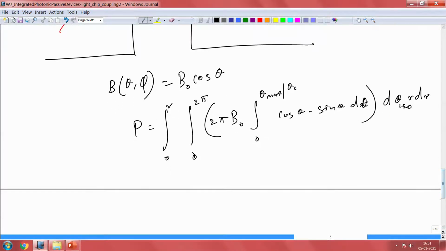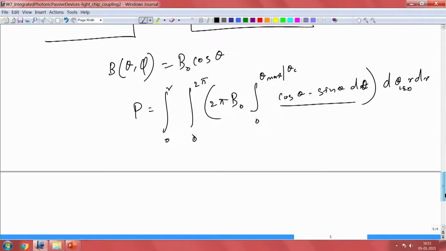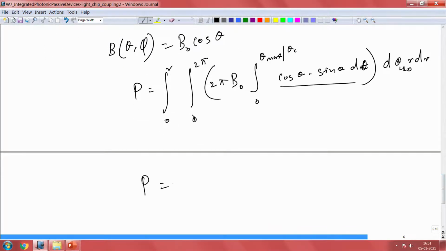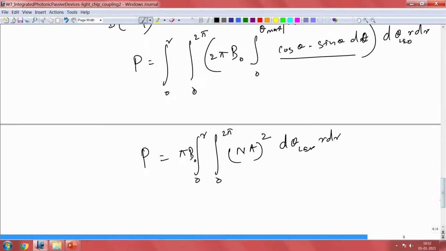Okay. So, now though you have this power coming out, we should understand that it all depends on the numerical aperture of this. So, basically what you end up with is, though you have all the power that is required, you only get the power that is within the numerical aperture of your waveguide, right.